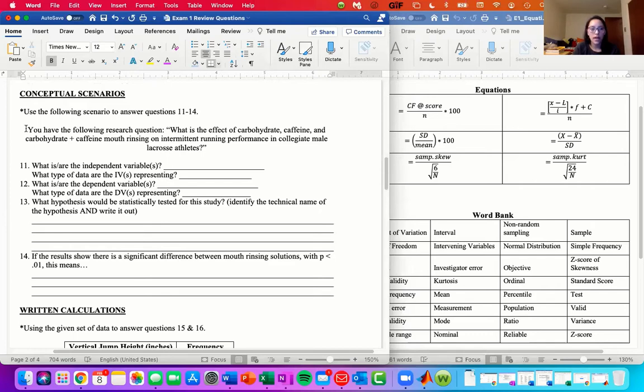I've given you a scenario with the following research question: What is the effect of carbohydrate, caffeine, and carbohydrate plus caffeine mouth rinsing on intermittent running performance in collegiate male lacrosse athletes? In this research question, what do you think your independent variable or variables would be?